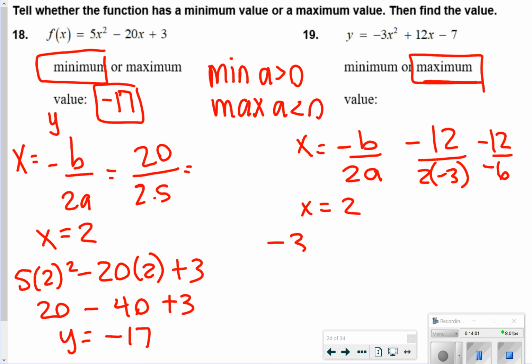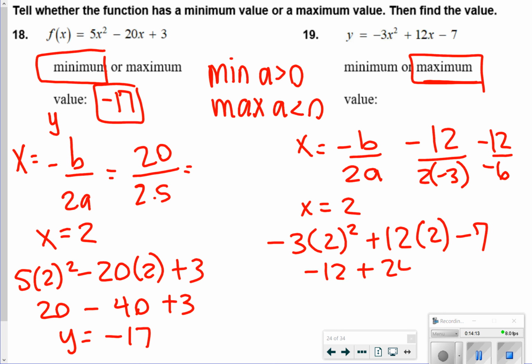So negative 3 times 2 squared plus 12 times 2 minus 7. Negative 3 times 2 squared, that's negative 3 times 4, negative 12. Plus 24 minus 7, that's negative 12 plus 24 is positive 12, and then minus 7, which should give you 5. So y is equal to 5, which means your value is equal to 5.